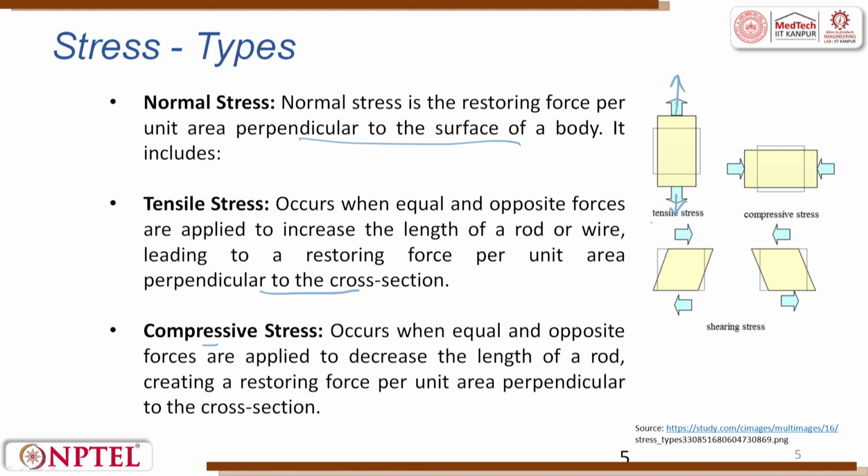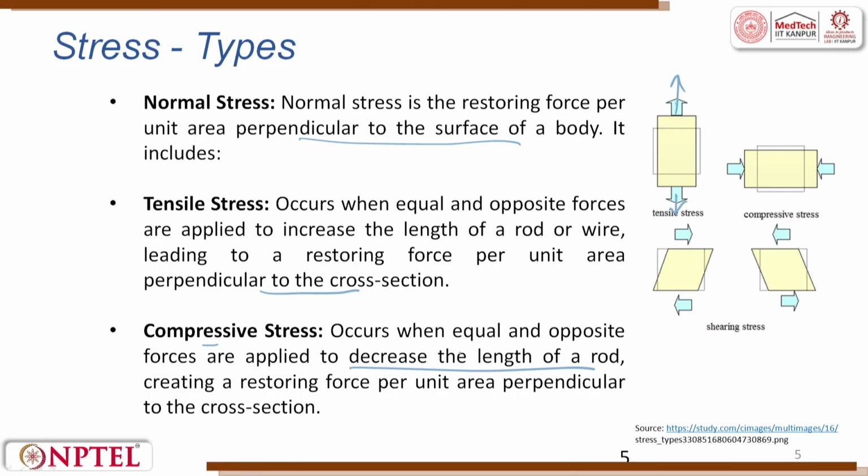Compressive stress occurs when equal and opposite forces are applied to decrease the length of the rod. For example, you have an eraser, or another soft material, maybe a jelly candy. You put that candy in between two fingers and start pressing it. Both the sides have equal force. This creates a restoring force per unit area, which is perpendicular to the cross section.